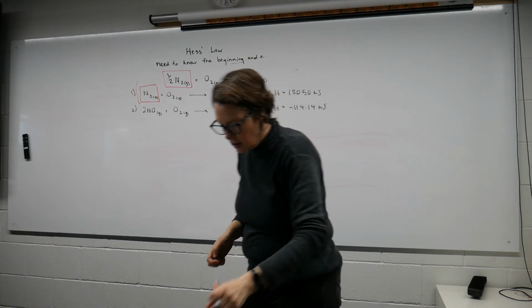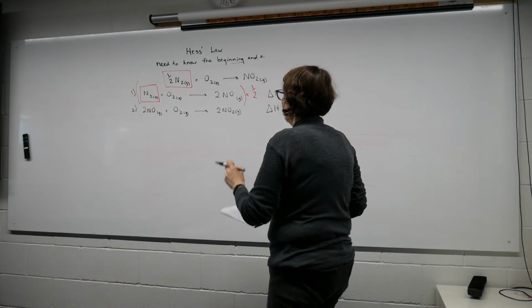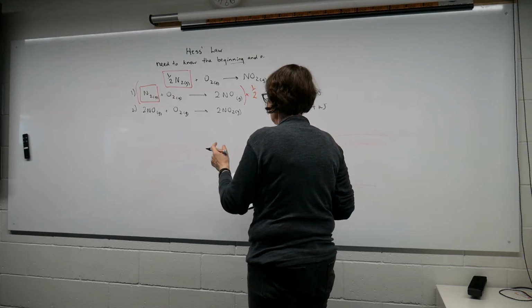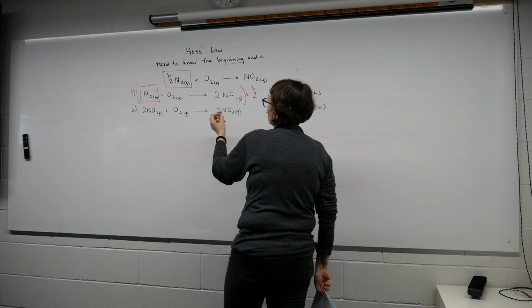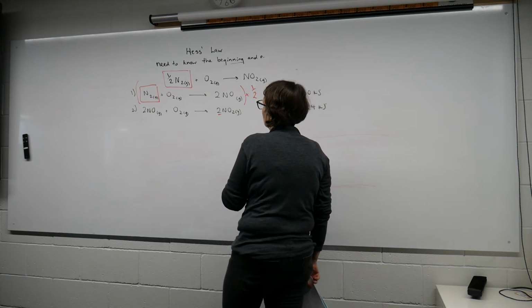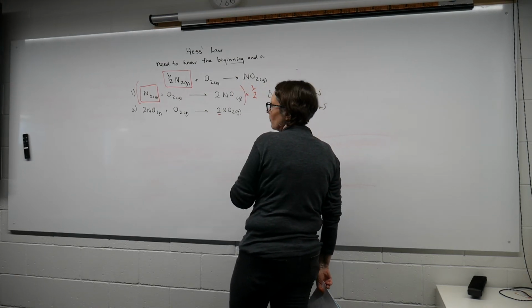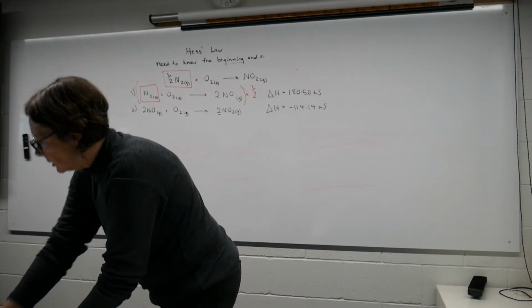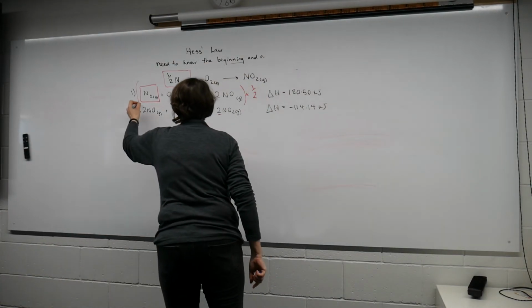So that looks like it's also right. We also want half of this one, because we've got 2 nitrogen dioxide, so we only have 1 in our given equation, so we need to halve that one as well.